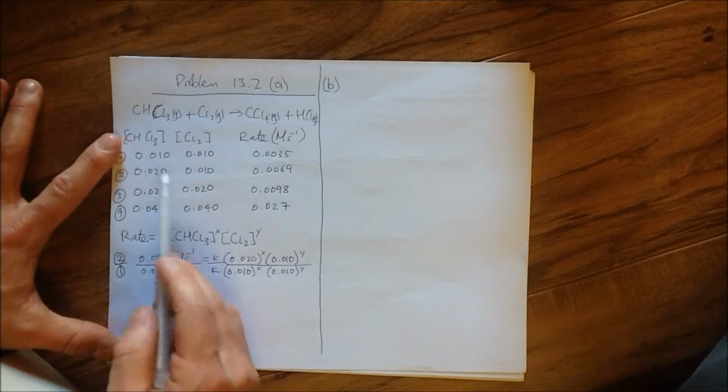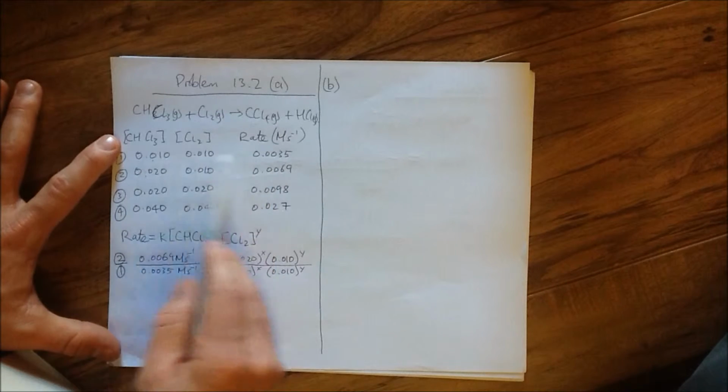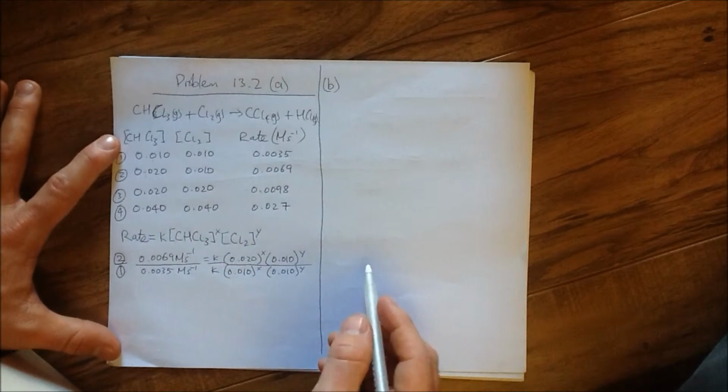So I've just taken reaction 2 information and divided it by reaction 1 information.